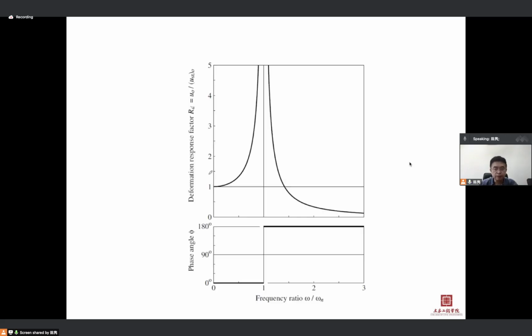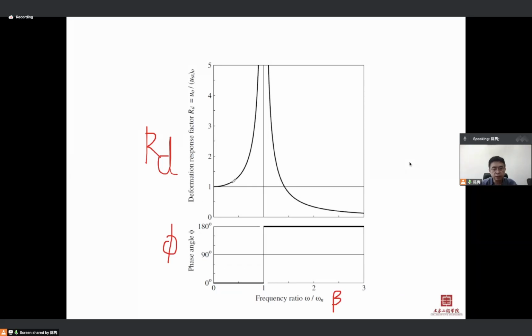Again, when we plot this, this is the RD curve, the amplification factor, and this is the variation of this value along with the frequency ratio, beta. This is the phase angle, phi, and this is beta.